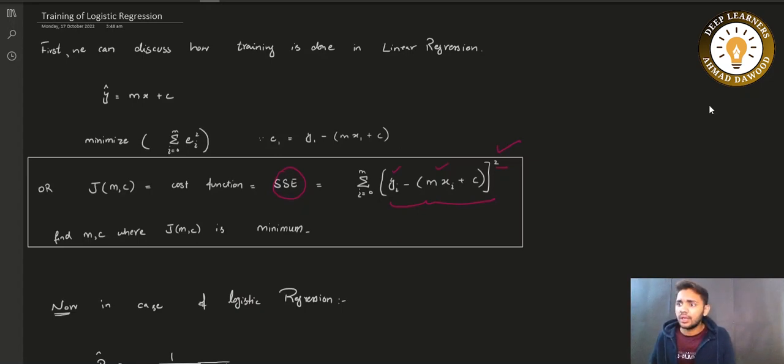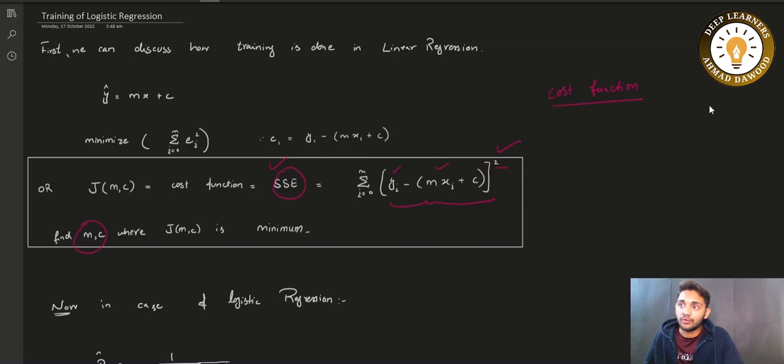Then you minimize that cost function for the sake of getting the parameter values where this SSE is minimum. So this was the case of linear regression. Now we will analyze what our cost function will look like in the case of logistic regression, what type of cost function it will be.